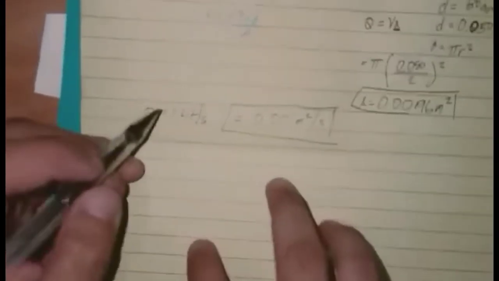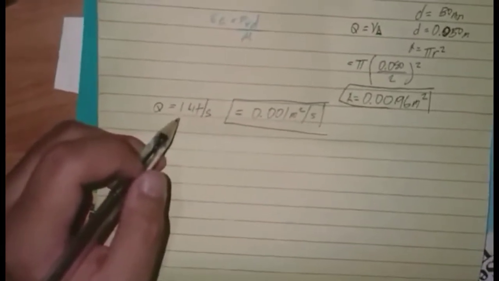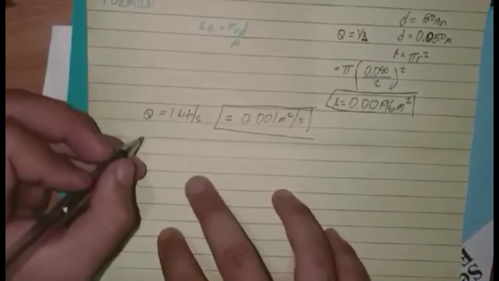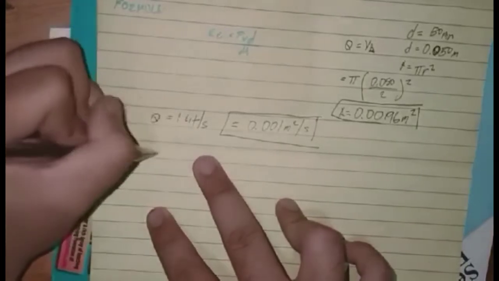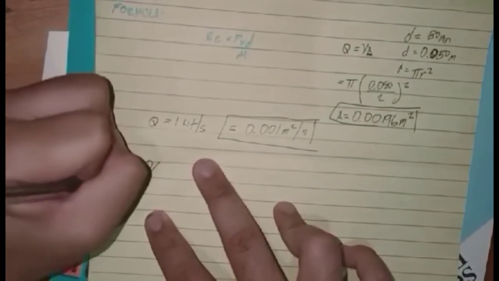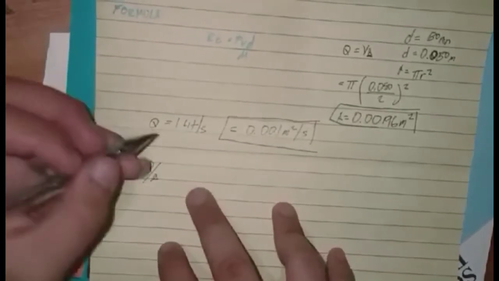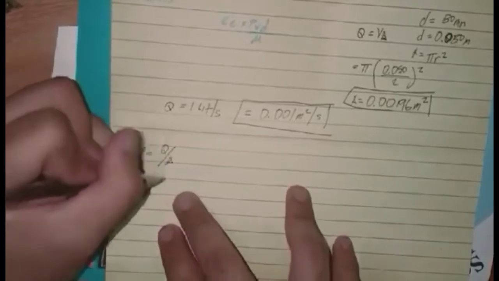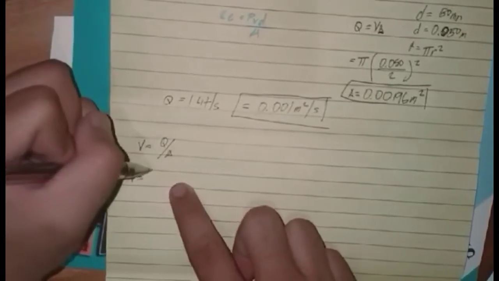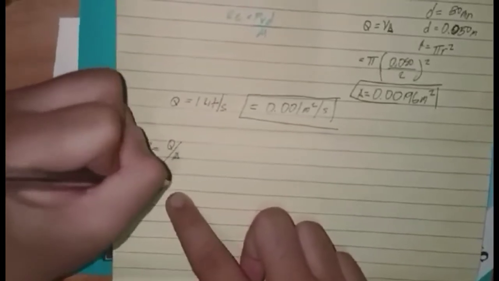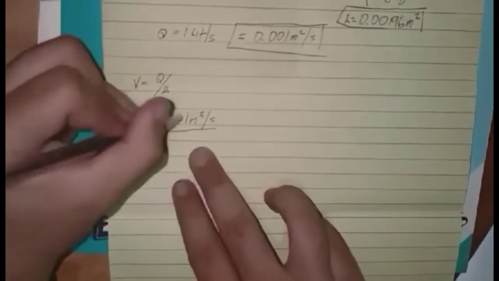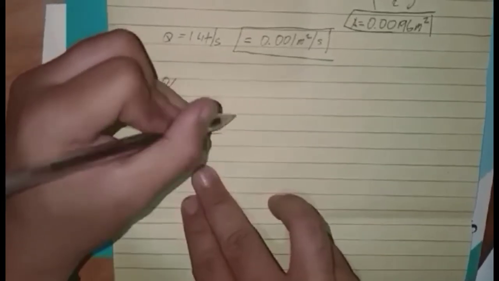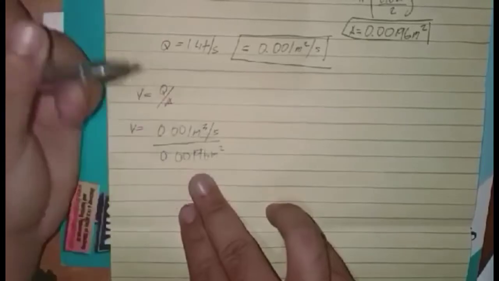Then let's now complete the velocity. Velocity V is equal to Q divided by A. The area is equal to 0.00196 meters squared.